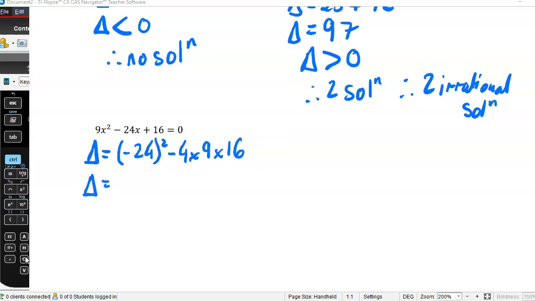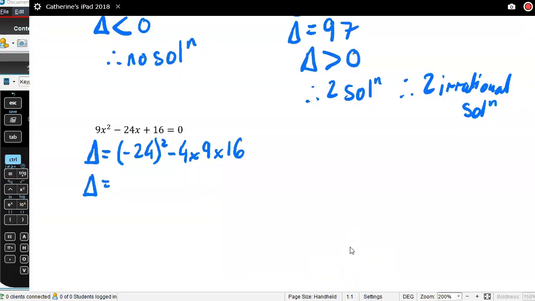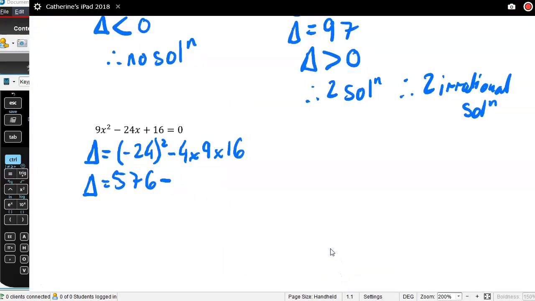Okay, so I might get my calculator to help me with 24 squared. 576. 576, take away 4 times 9 times 16. 576.